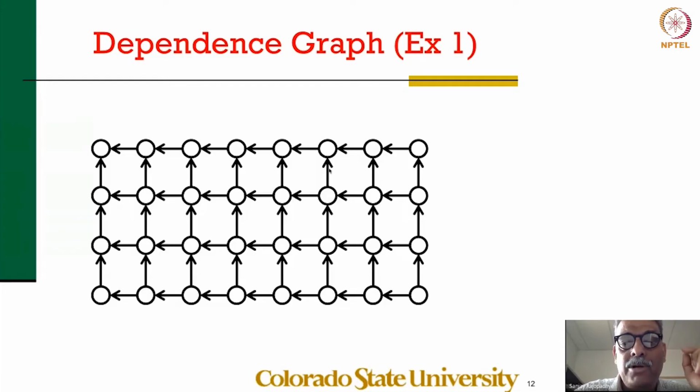In particular, the east neighbor of I minus 1J is a consumer of that value. You agree? The other consumer is the iteration IJ itself. So, in addition to these dependencies, what happened?